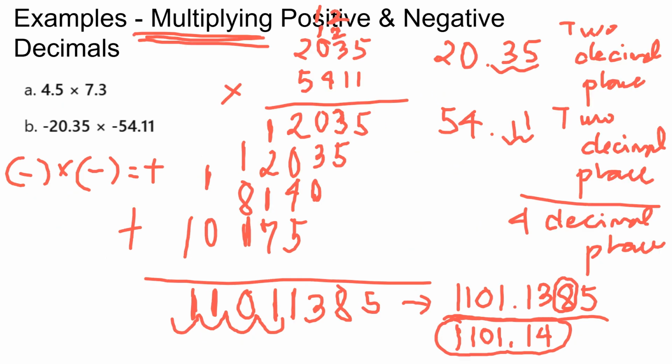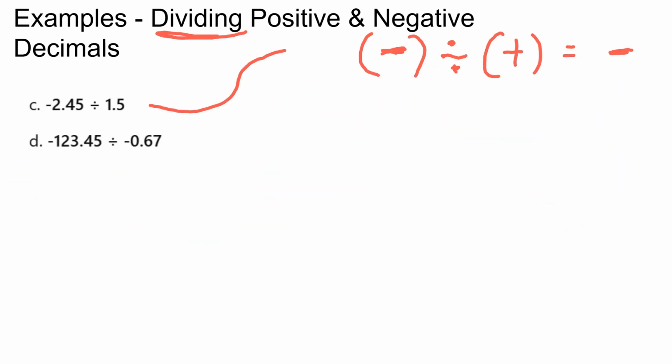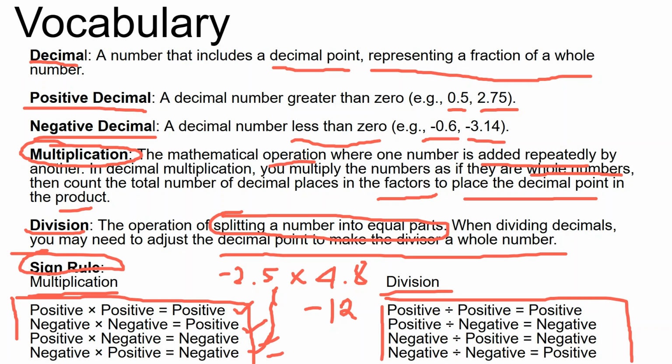That's division. Okay. All right. So how about for letter D? For letter D, it's negative divided by negative. Division. What's the answer?